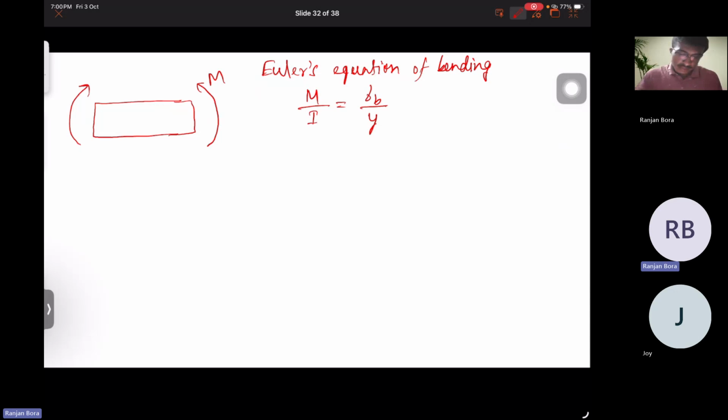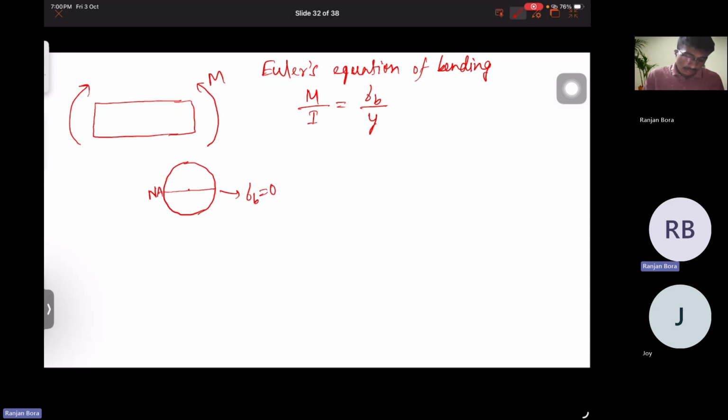If we take the cross section of this beam as circular, and this is the center point, and we draw a horizontal axis passing through it, this is known as the neutral axis. NA means neutral axis. Bending stress is 0 on the neutral axis.